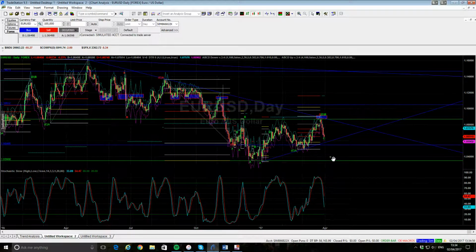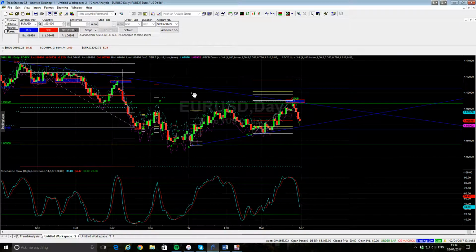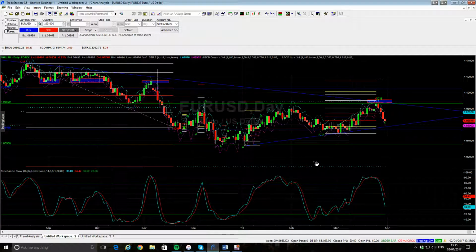So if we can just zoom in on this price action for the last 9 months on the daily, we can see that the price hasn't escaped 1.0870 and 1.0350. We're kind of stuck within this range, and the stochastic does follow that.